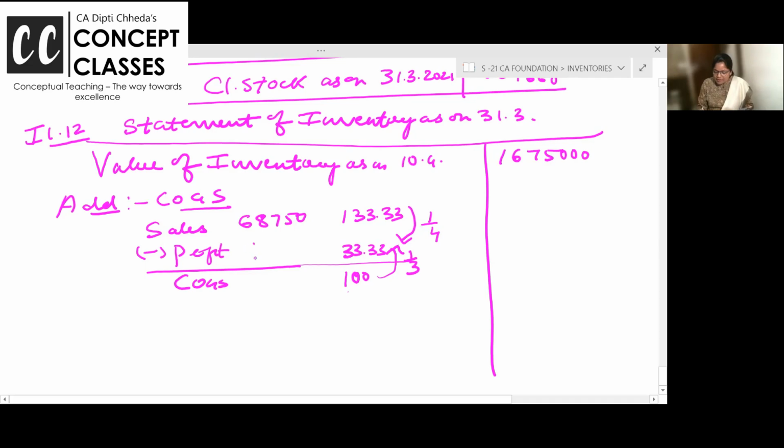So the profit is coming to 17,188. They have rounded off to 17,190, but I think we should take the correct value. I hope you all are getting 68,750 into 33.33 divided by 133.33. If you do it, how much is coming? 17,186 or 88. Okay? So what is the cost of the goods?